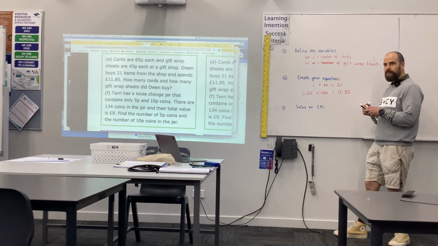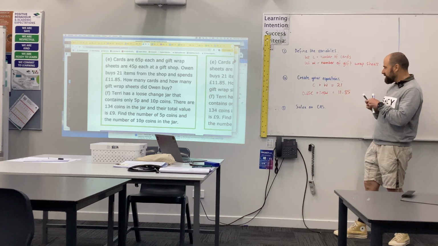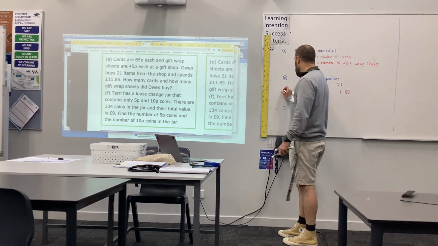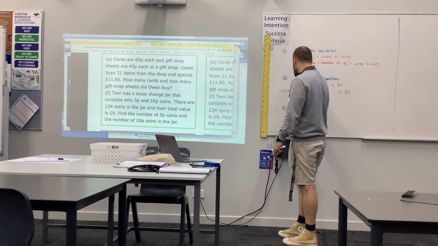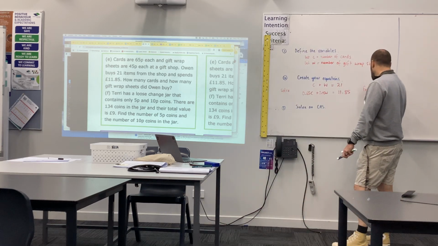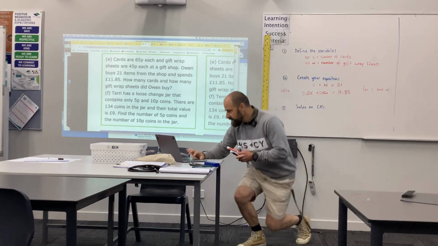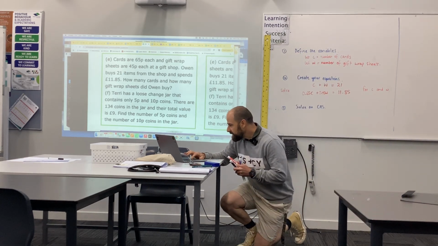How are you going to tell the calculator that? How am I going to tell the calculator that? Exactly like I just did. Excellent question. So now that we've got our equations, we're going to solve this for C and W. So I go down to my calculator.